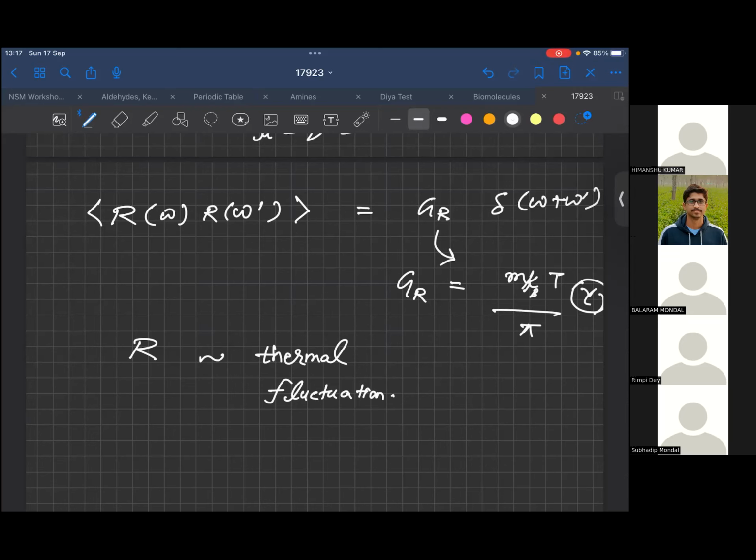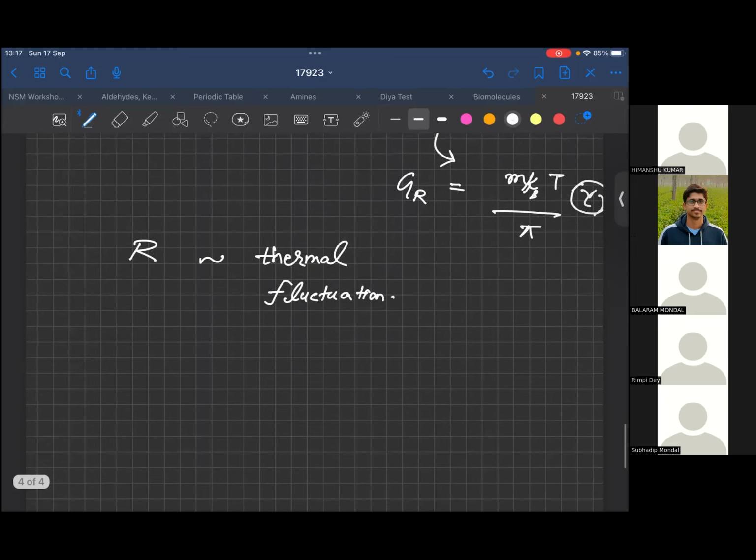Actually, the paper that I've chosen for today's talk is too long, so I will just be writing the equations here because I won't be able to derive so much right now.